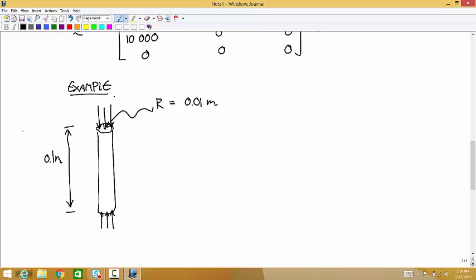And the loading on the two ends is 5,000 newtons distributed uniformly over the end. What's the stress tensor?